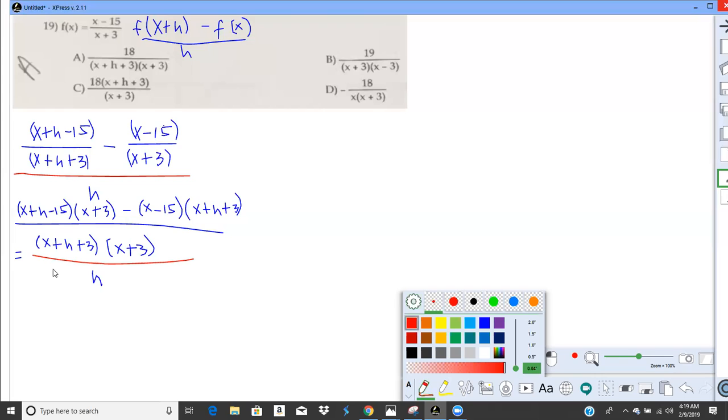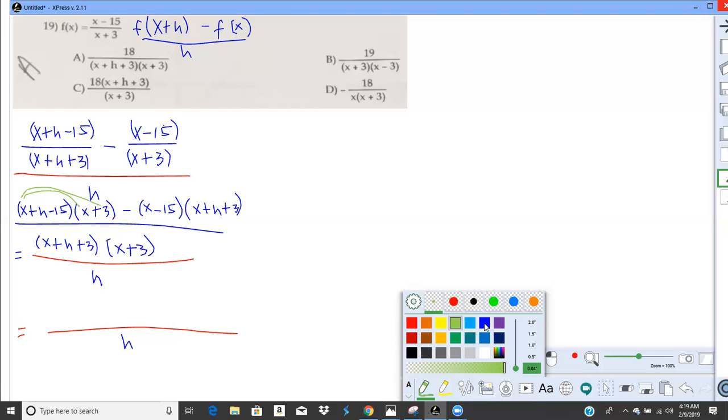Equal sign, red line, h here. Now we need to distribute that. This is trinomial by binomial, so let's make sure we keep track. We multiply x first: x to x and x to 3.